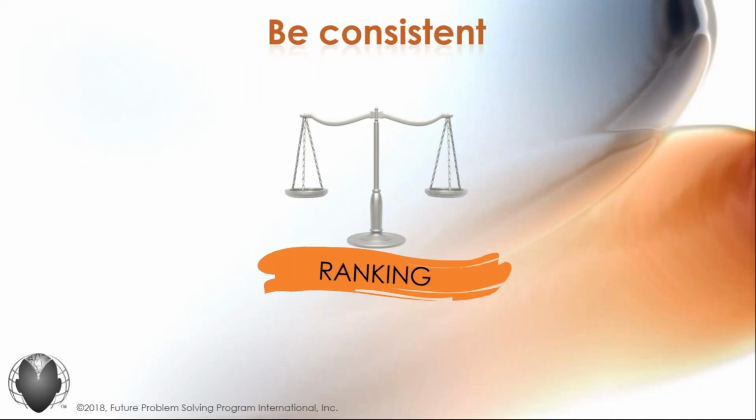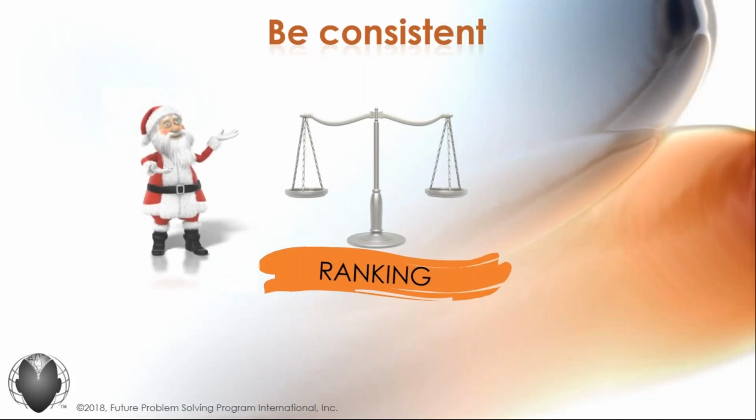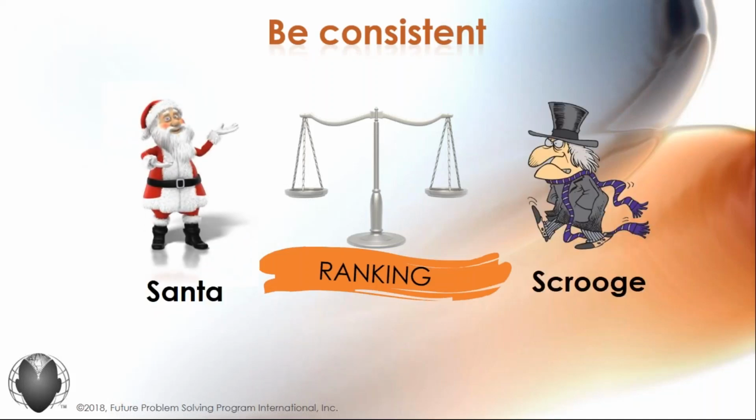We also ask that as you're evaluating that you be consistent, that your rankings are not too much like Santa, where you're giving the highest scores possible, and that you're also not Mr. Scrooge or Mrs. Scrooge, and that you take the age range of the students into consideration.